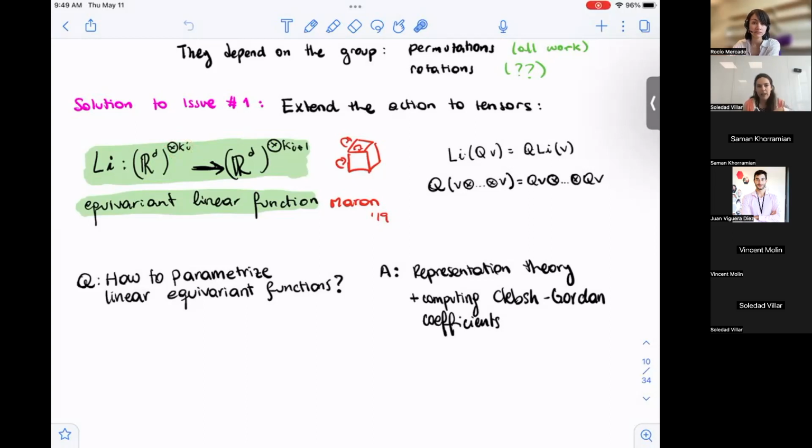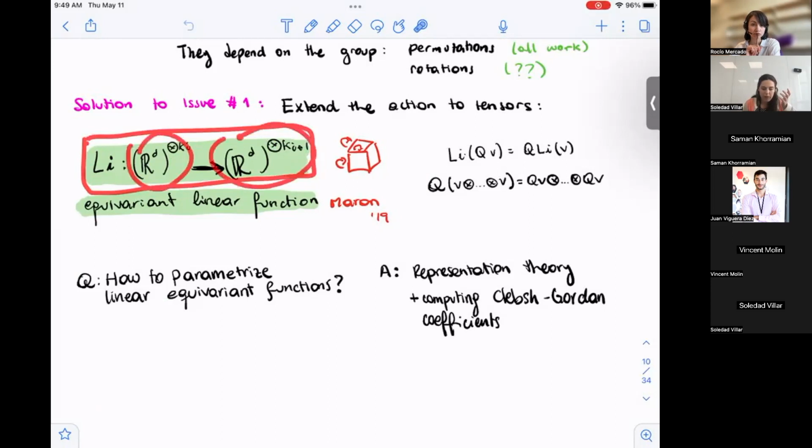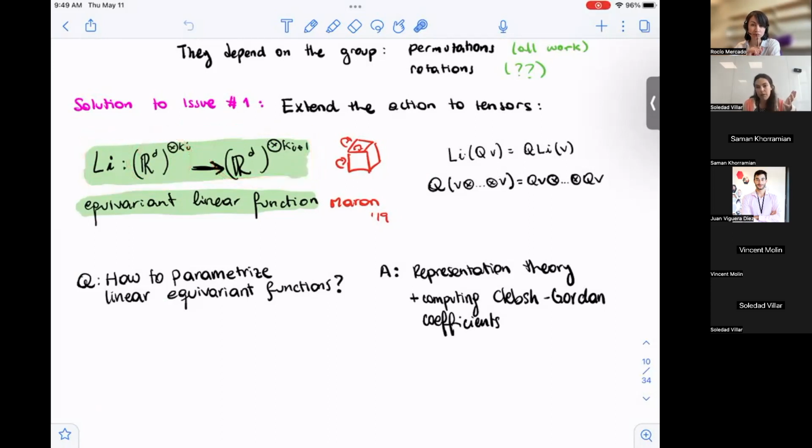That's basically the idea. And parameterizing these functions is a little bit complicated, because that's where they use representation theory. They ask how to parameterize the equivariant functions from this tensor space to this tensor space, and they use techniques from representation theory to do that. They need to compute something called the Clebsch-Gordan coefficients. I have a few slides that explain this, but I decided to skip it.